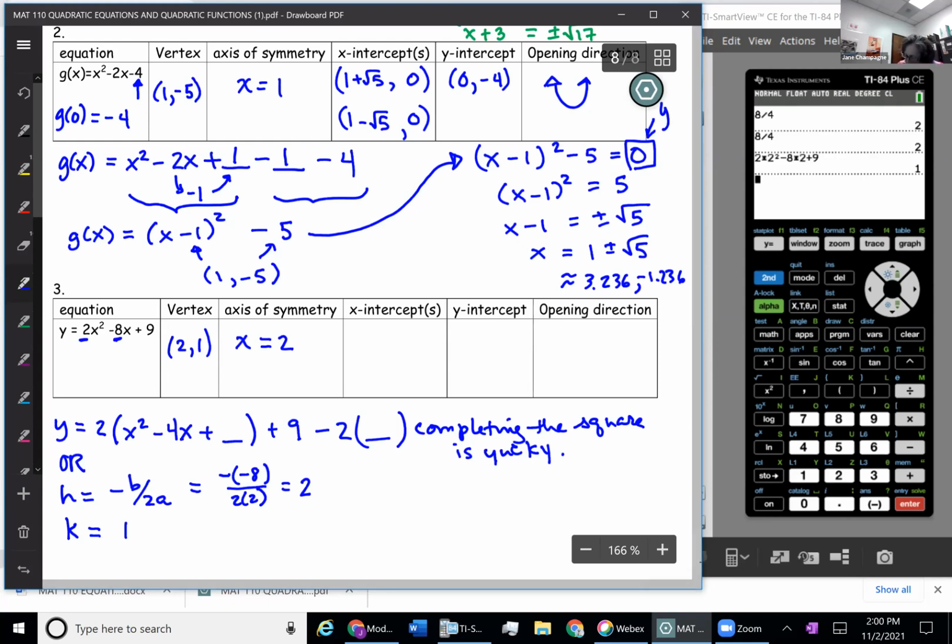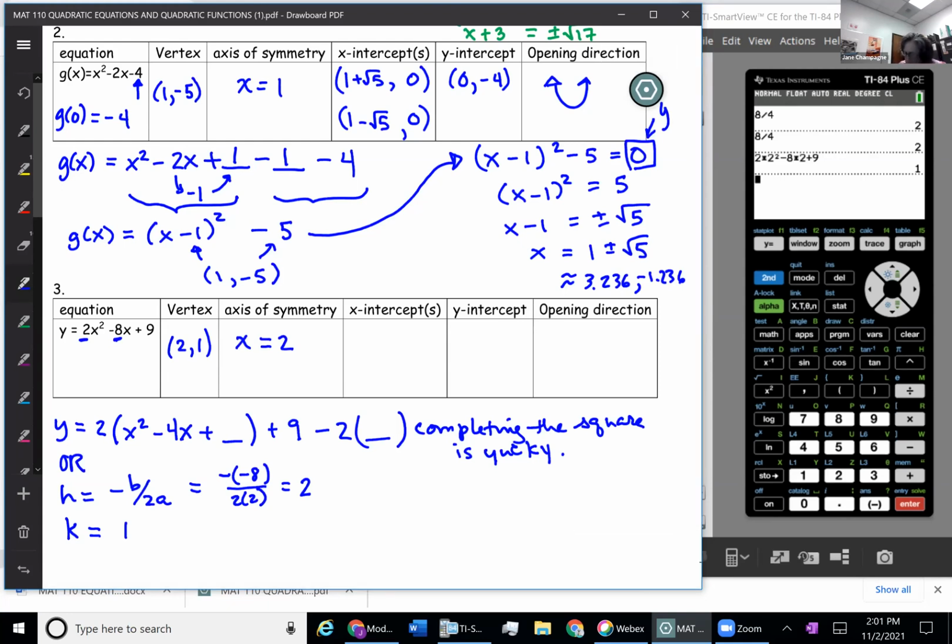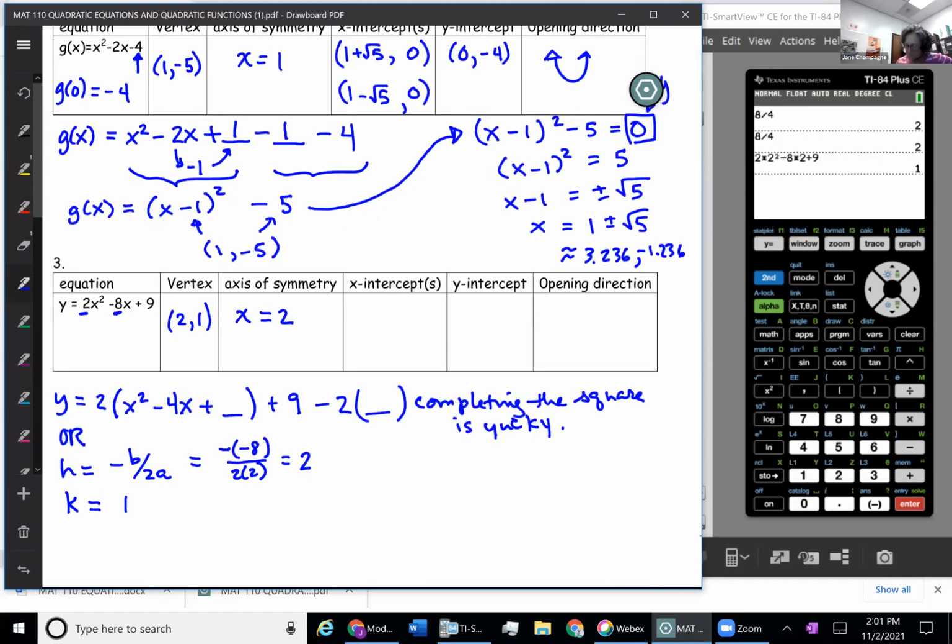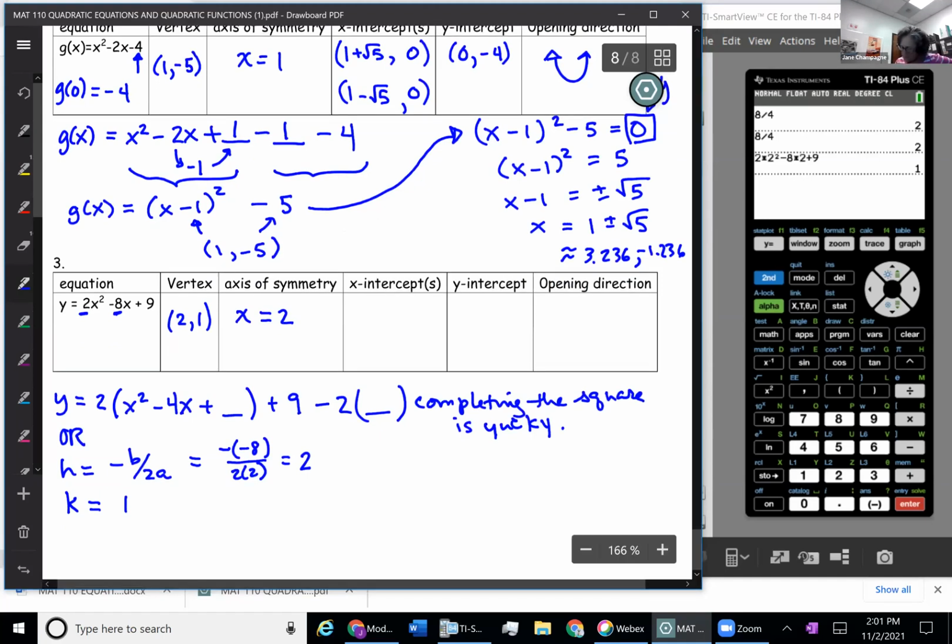Now for the x-intercepts, I'm going to use the quadratic formula because I want to set the quadratic expression equal to 0, plugging in 0 for y.